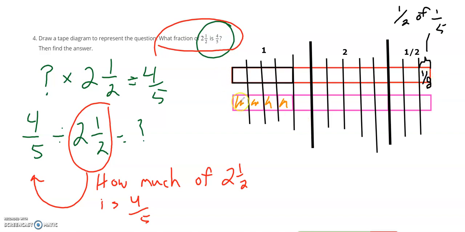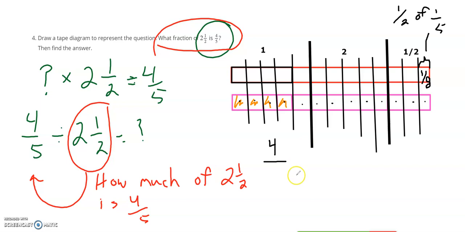So this is 1, 2, 3, 4 out of 12 and a half. That's confusing, right?